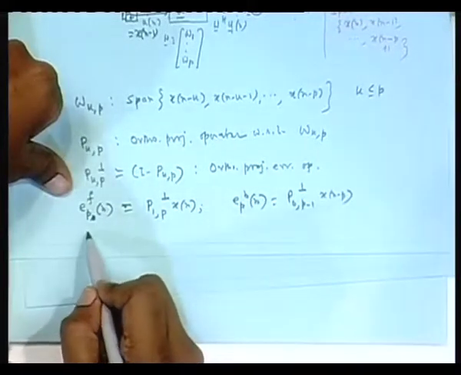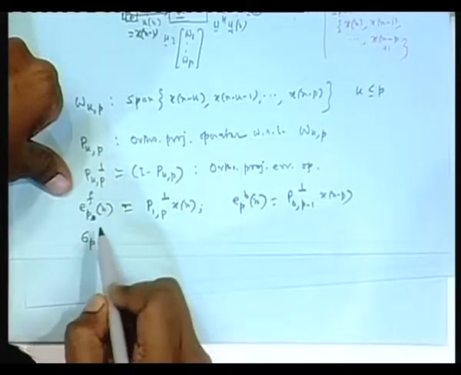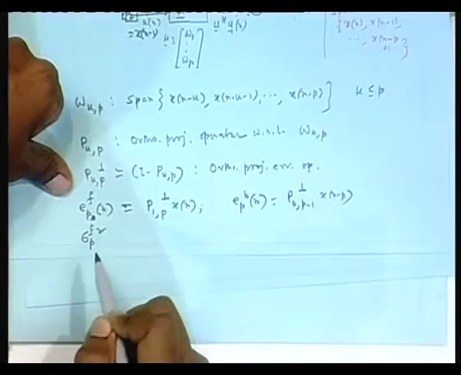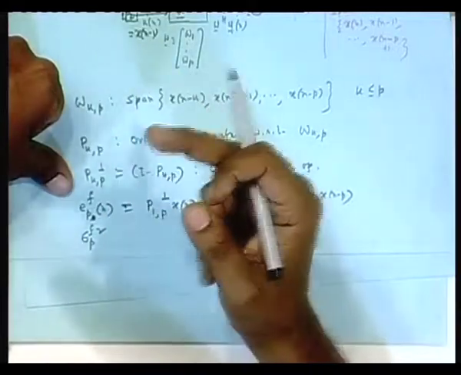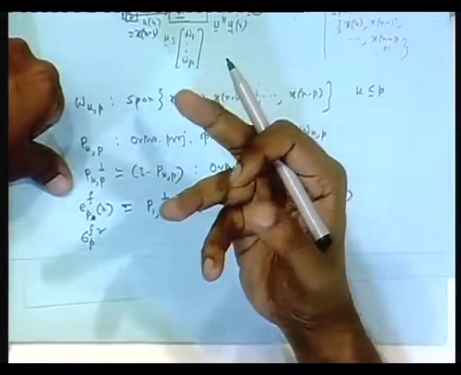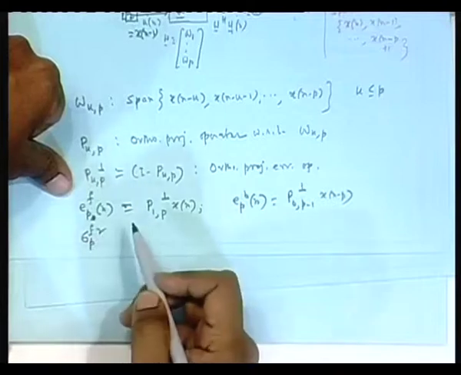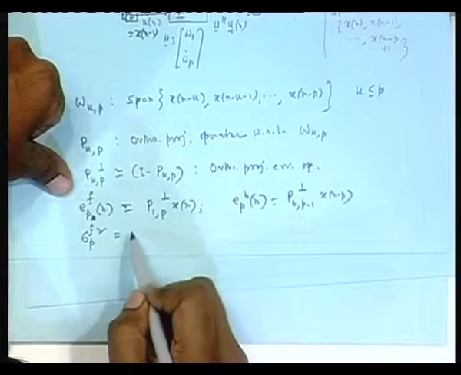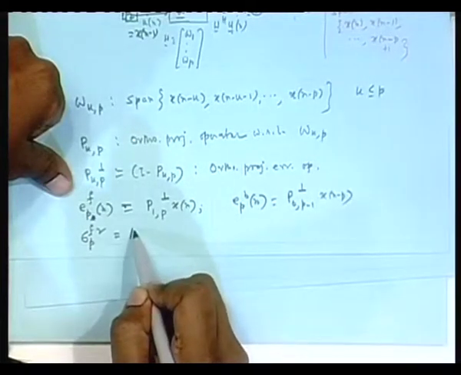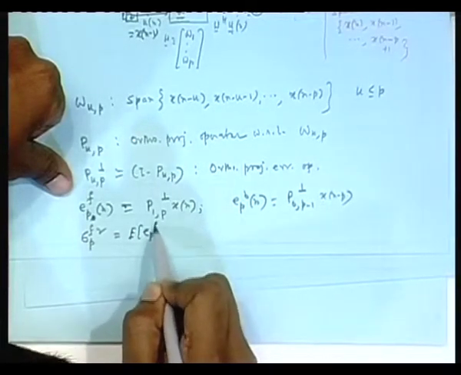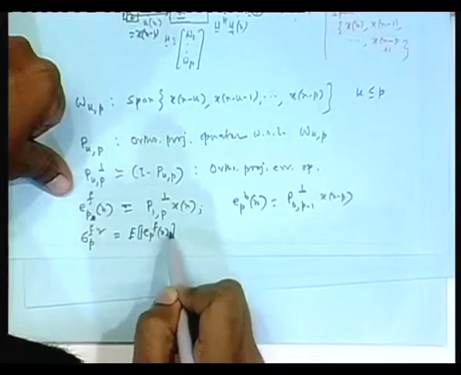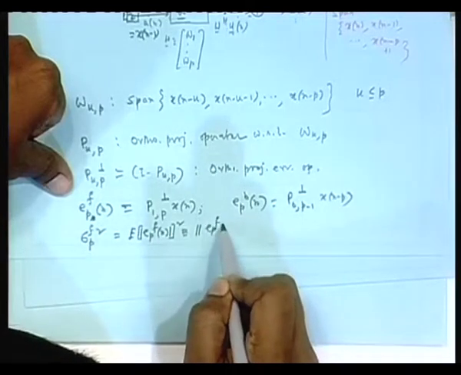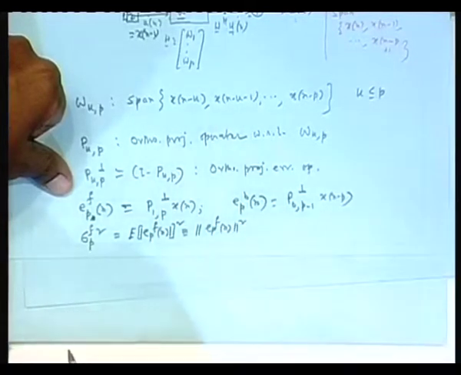The notation I will be using is sigma p f squared, with p and f as they are, but no n, and I put a square, because like in a Gaussian case, instead of sigma it is sigma square, because it is variance after all. This square is just a notation, and this is E of the mod square, which is also equivalent to the norm square of this guy using vector space notation.